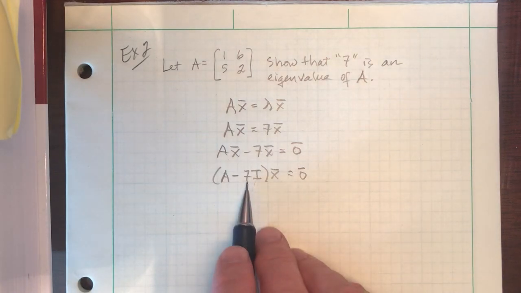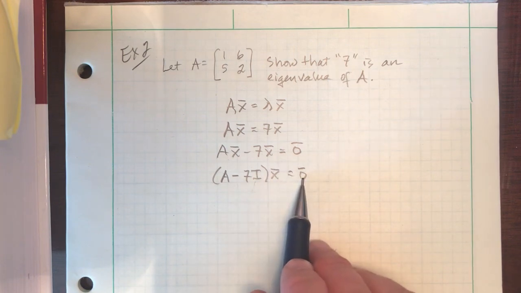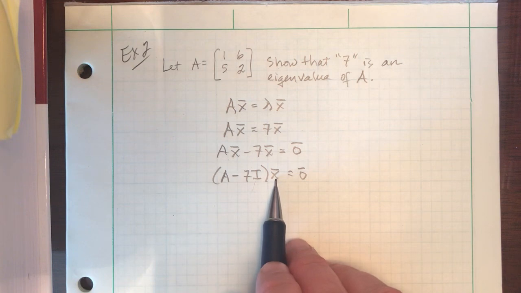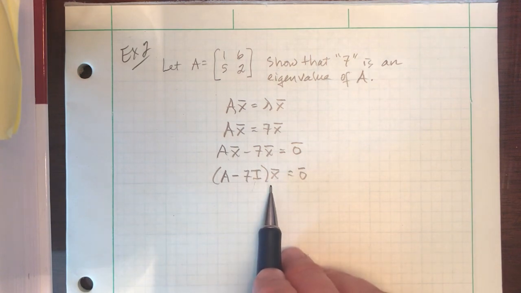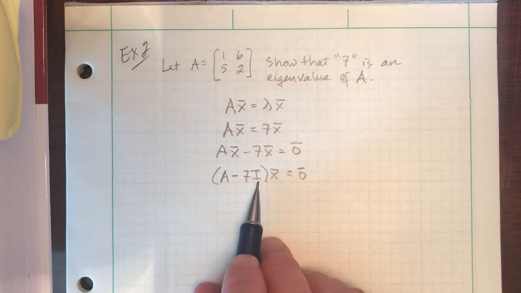One thing we learned in the definition of an eigenvalue is that, notice this is a homogeneous equation. We know there's a trivial solution, but what I want to know is, is there a non-trivial solution? Is there a vector that's not the zero vector that can still make this true? And if there is, then 7 is an eigenvalue. So here's what we have to figure out.